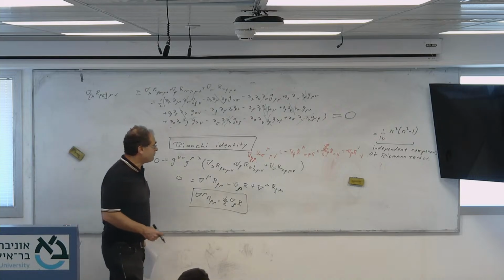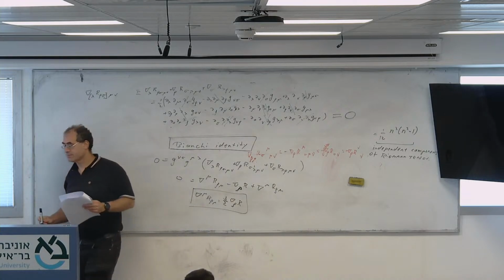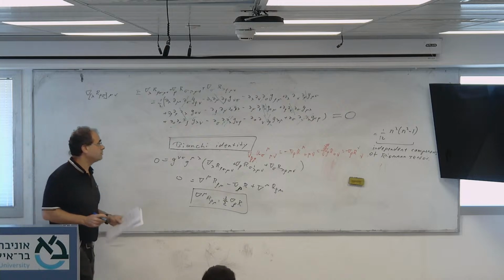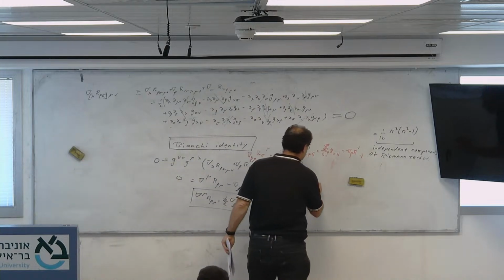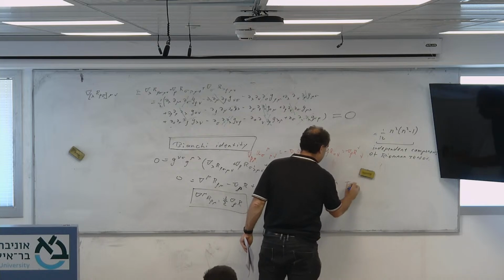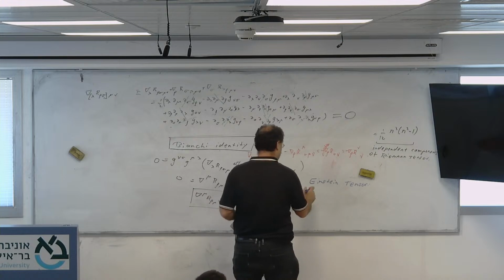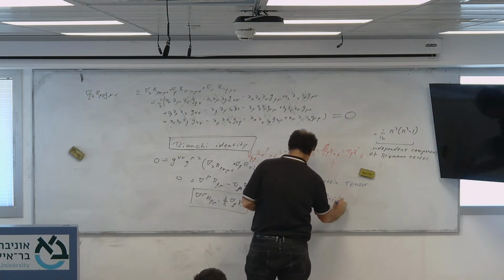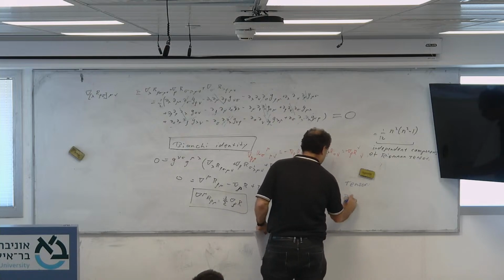So that leads us to define a new tensor, which is called the Einstein tensor. We're quite close now. So we define the Einstein tensor, G mu nu, as R mu nu minus 1/2 R g mu nu.